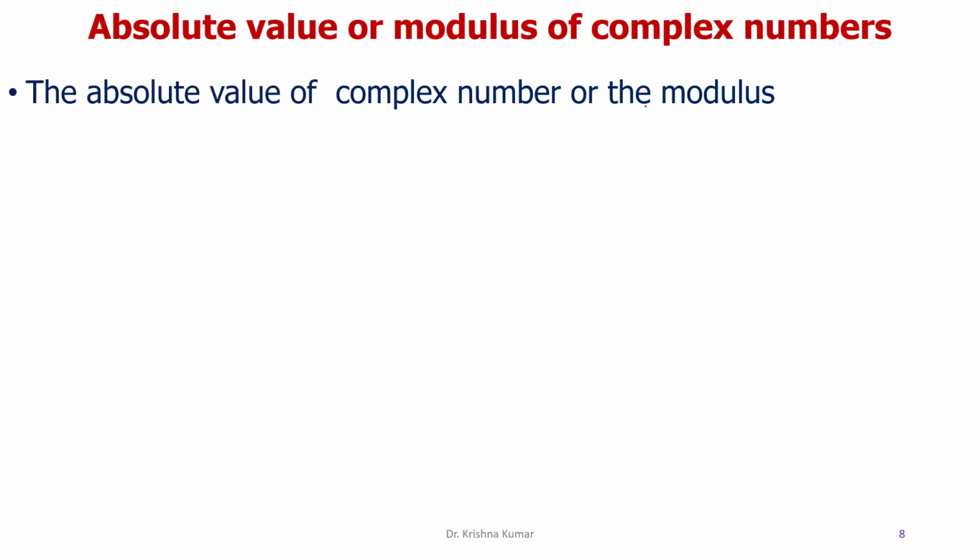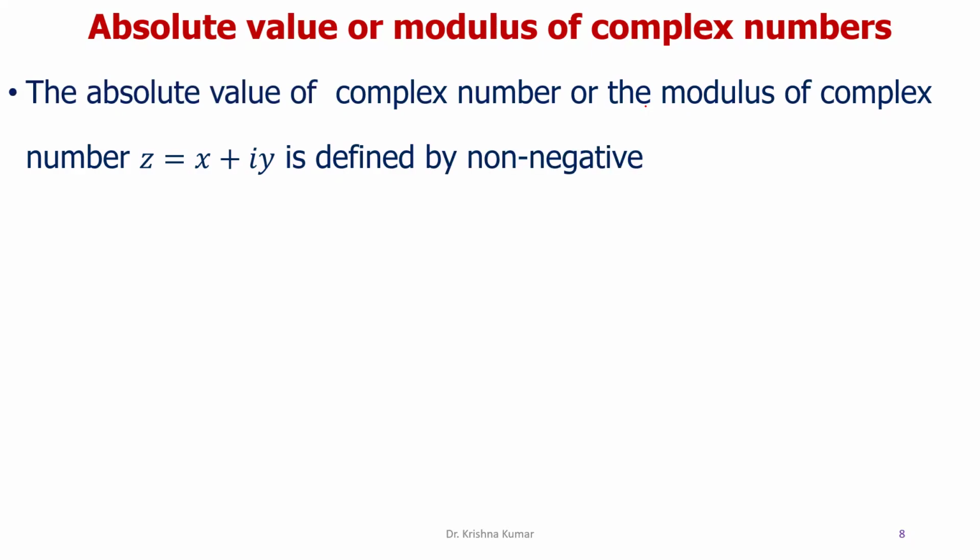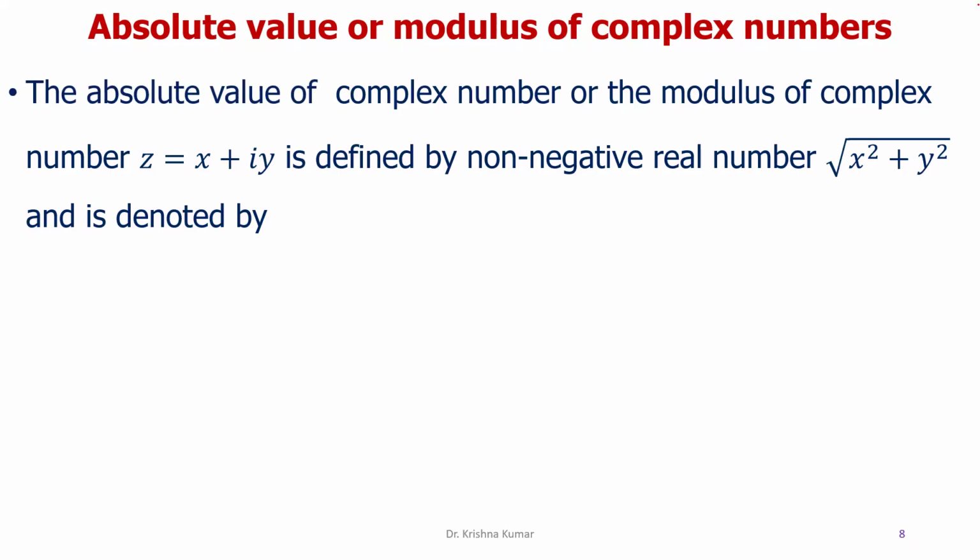In this lecture, we see what is the absolute value or modulus of a complex number. The absolute value or modulus of complex number z equal to x plus iy is defined by the non-negative real number root over x square plus y square and is denoted by mod of z.